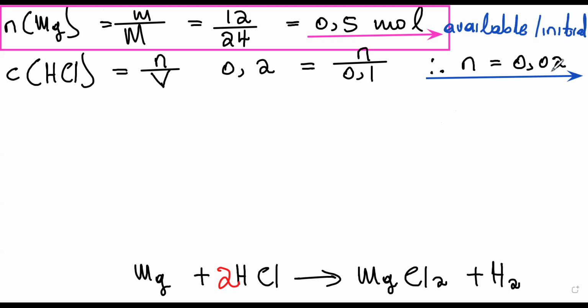And similarly, this 0.02 moles is what is available at the start of the reaction for the hydrochloric acid. Now let's say I want to know how many moles of magnesium I need in order to react with 0.02 moles of hydrochloric acid.